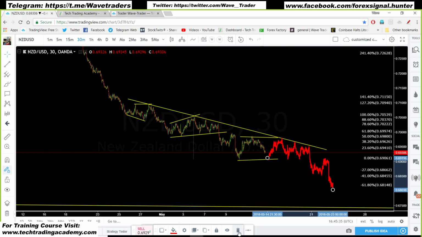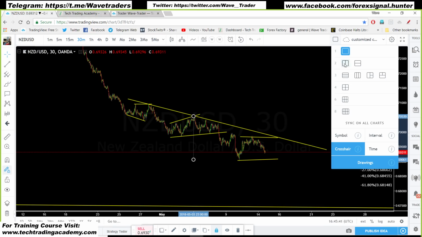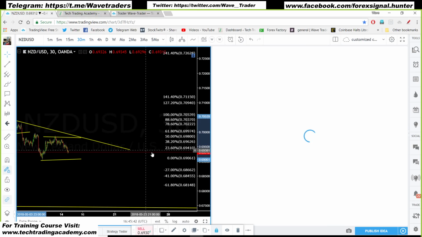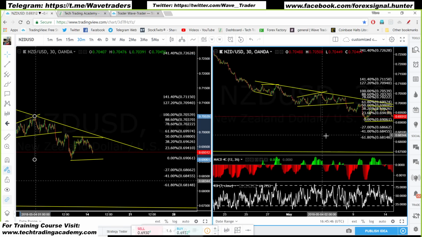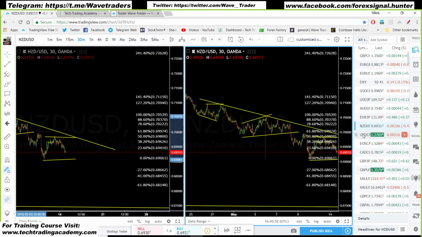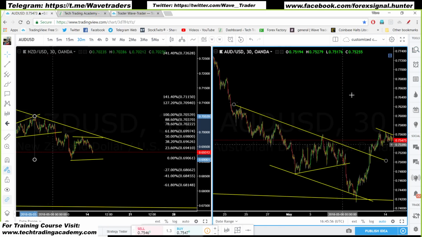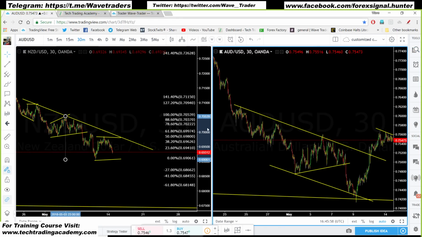So an aggressive move, similar to the Aussie dollar, US dollar. I have just shown you that chart. If you are following me on the Aussie dollar, US dollar chart, then you know what you need to look for on the New Zealand dollar and US dollar. This pair is still bearish for short term.